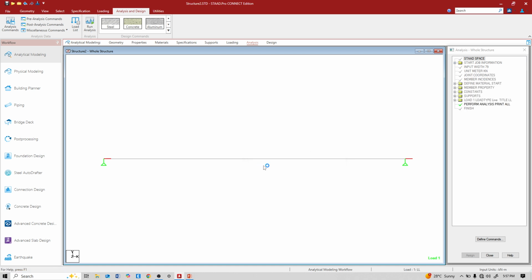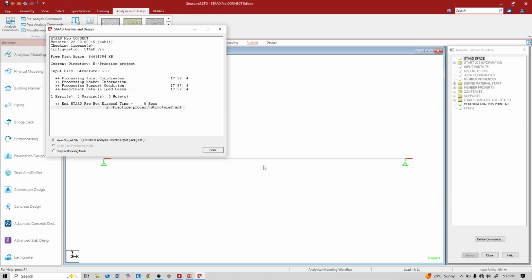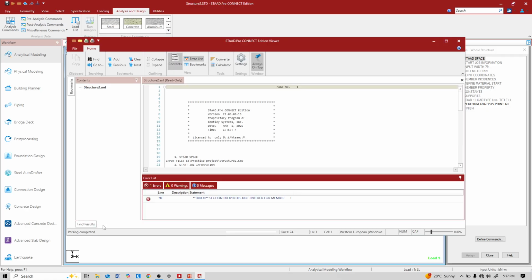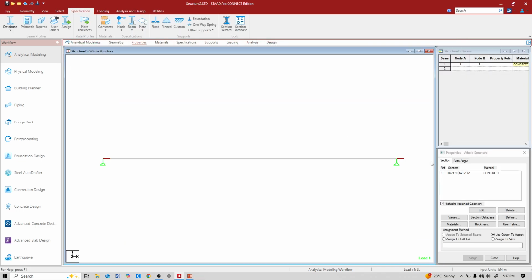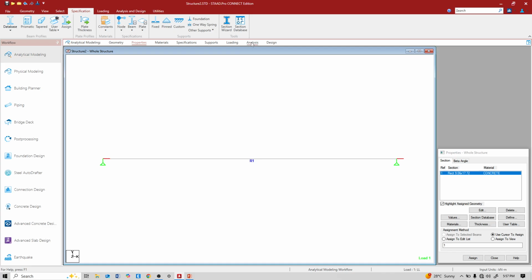Our objective is to cross check bending moment and shear force, manual calculation and software calculation. So there is one error. Error: section properties not entered for member 1. This is properties, this is section, assign to view, assign, yes. Okay, let's analyze.